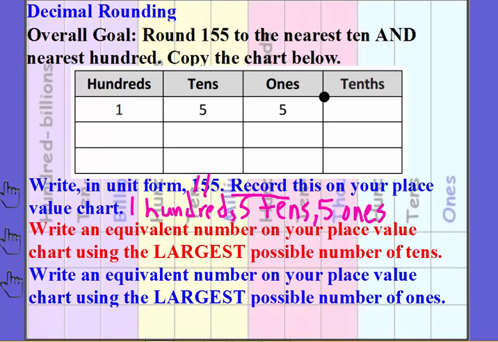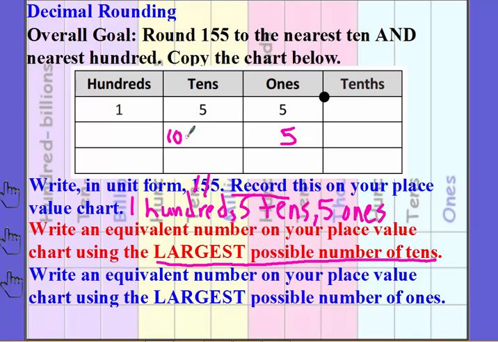Write an equivalent number on your place value chart using the largest possible number of tens. So I want to get as many tens as I can. Well, in order to go from ones to tens, I need 10 of them, and I don't have 10 ones, so my ones will stay the same. In order to go from hundreds to tens, I need 10 of these. 10 tens equals 100. 100 equals 10 tens.